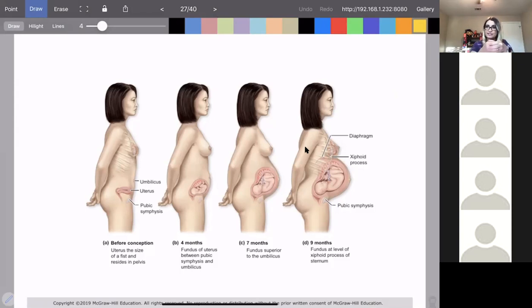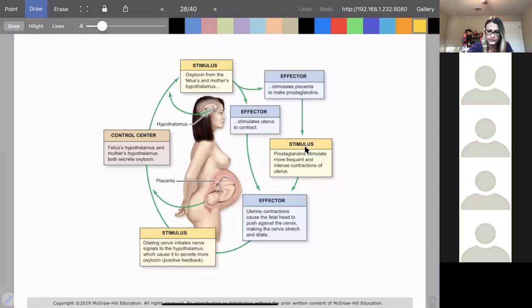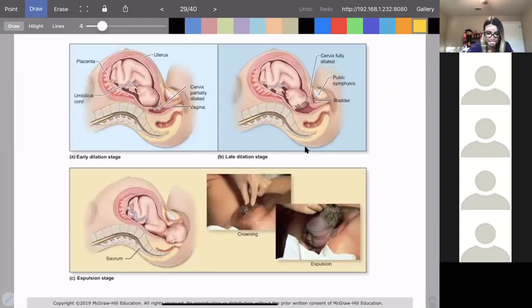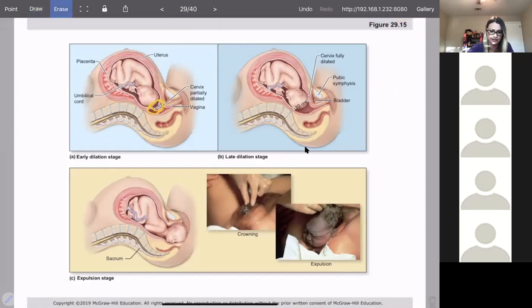Dilation is the cervix actually getting larger, so it will open up, and effacing is the cervix thinning out. We can't really see that on this image, but you can kind of see it here maybe. The cervix here is partially dilated, and it's getting thinner and thinner.